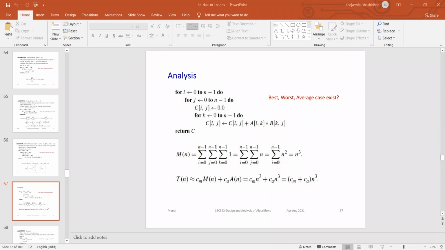So n minus 1 minus 0 gives n minus 1, plus n. When you have n minus 1 plus n, it is called 2n.